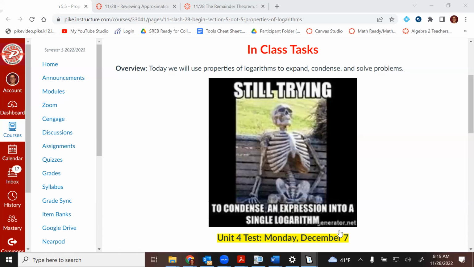Is that something that we can evaluate without a calculator? Yeah. 3 to what power gives me 27? 3. And that's exactly what we found when we used our calculator and did ln 27 over ln 3. Like I said, we'll talk more about change of base probably tomorrow. I don't think that we'll get there today.